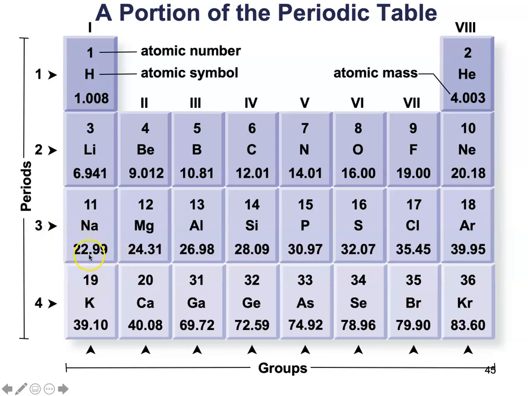We have an atomic mass of 23, if we round that to the nearest whole number, which means that we have a grand total of 11 protons and 12 neutrons. If we have an electrically neutral atom, how many electrons do we have in our atom of sodium? Very good, 11. If we have 11 protons, we must have 11 electrons in order to properly balance that out.